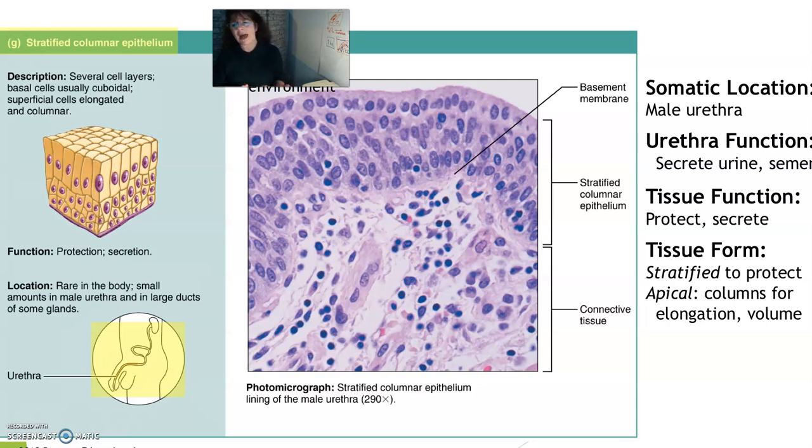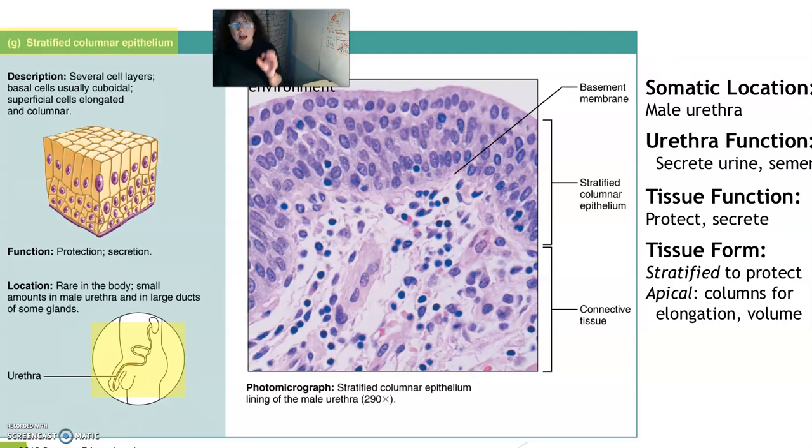If you think about that, then you start to think about what tissue form could do both of those things, protecting and secreting, and you come to a stratified cell for protection, and you come to columnar on the apical area because you want columns for the elongation of the urethra during urination.